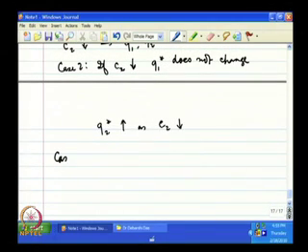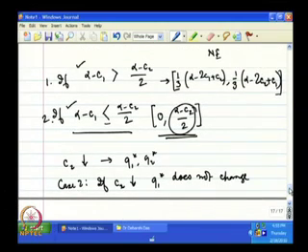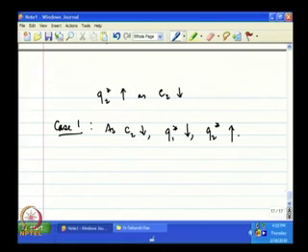In case 1, as C2 declines, we can see that this is going to fall and this is going to rise. So, as C2 declines, Q1 star falls, Q2 star rises. So, these are the effects on individual output.